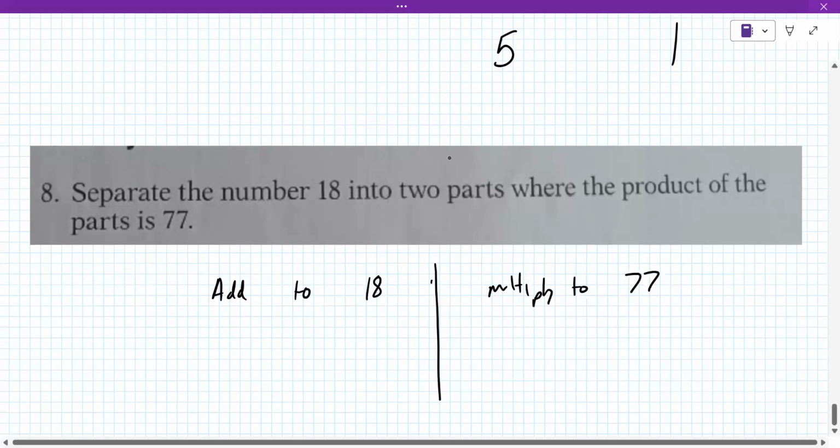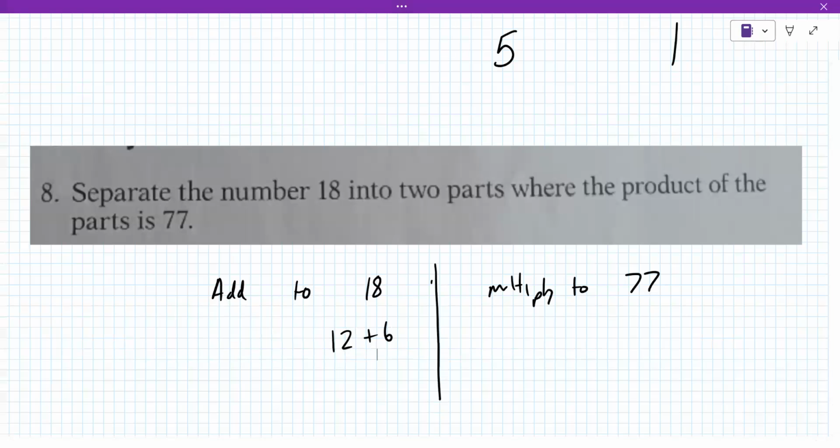So I'll give you an example. Like 12 plus 6. Does that add to 18? Yes. Now what does it multiply to? That would be 10 times 6 plus 2 times 6, which is 72.